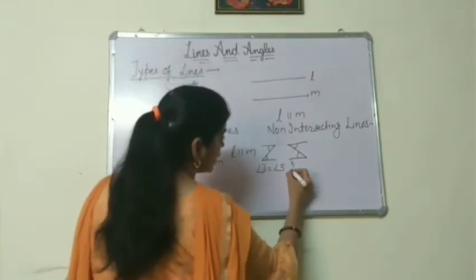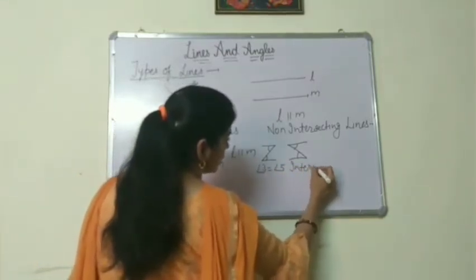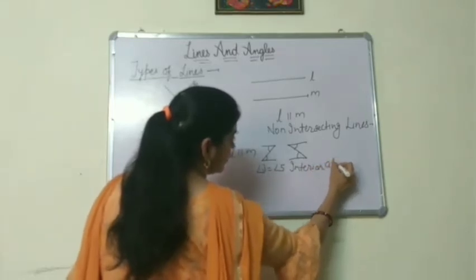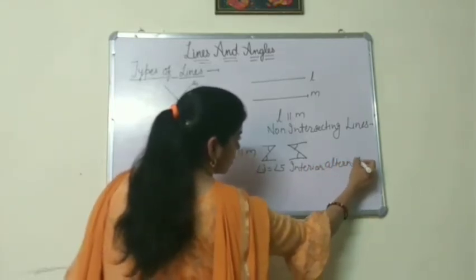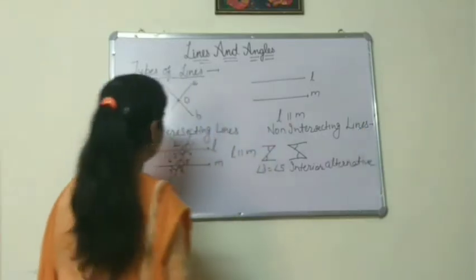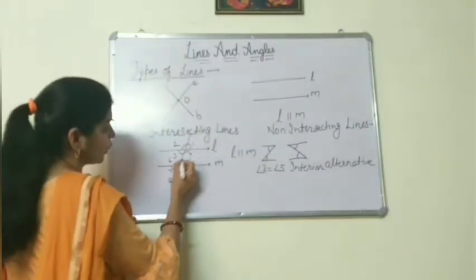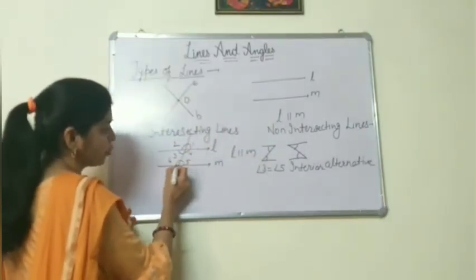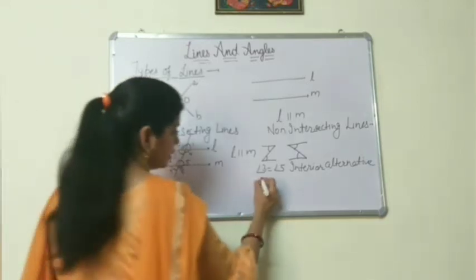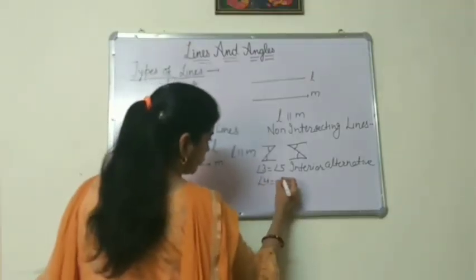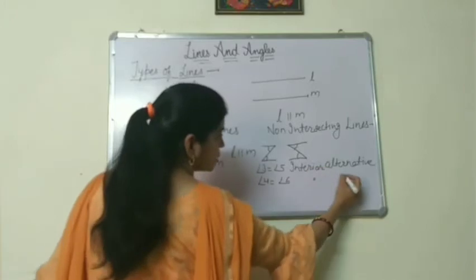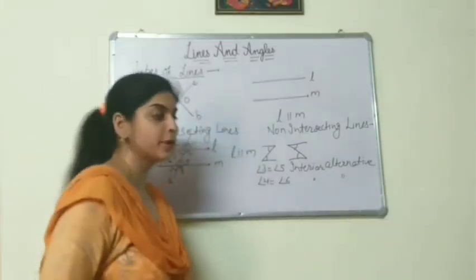These are interior alternate angles. And similarly angle 4 and angle 6, they are forming the shape of reverse Z. Angle 4 is equal to angle 6. It is also an interior alternate angles pair.